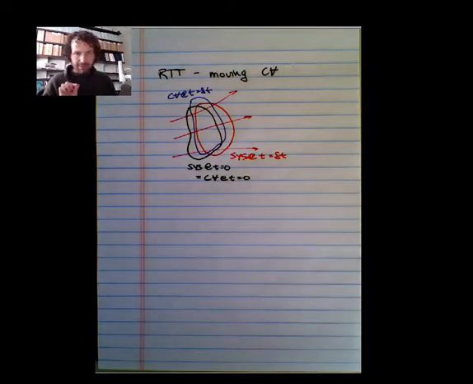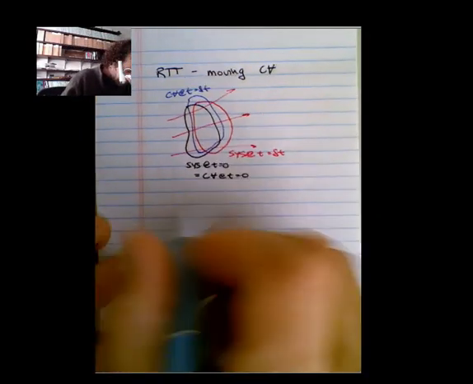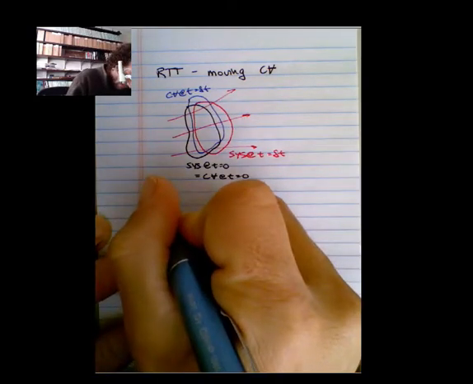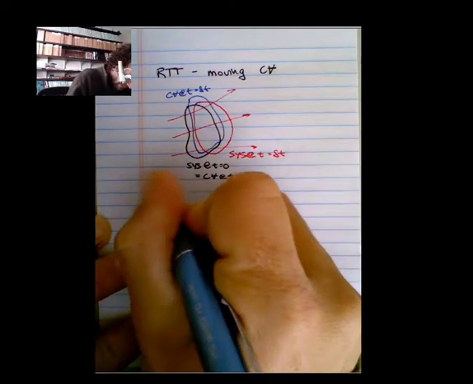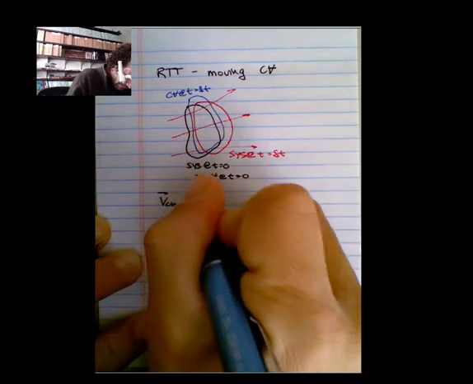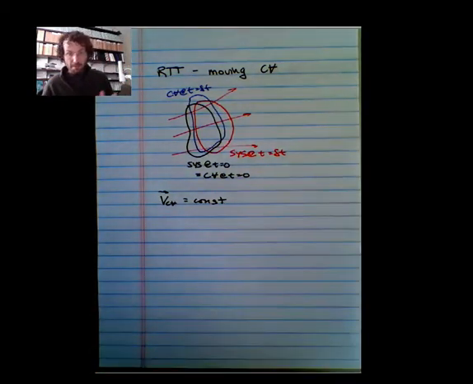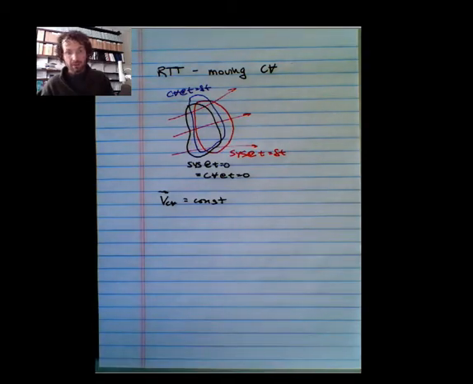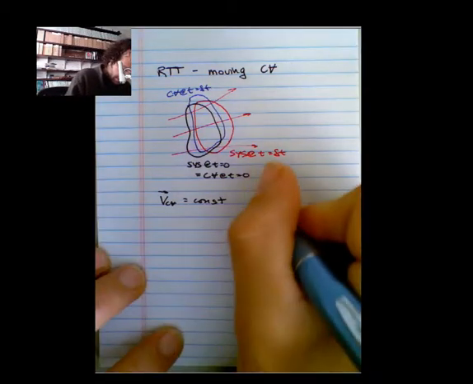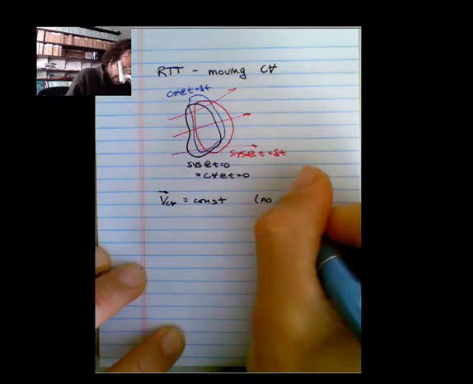Turns out it gets a lot easier if we focus in on one specific case, but it's a specific case of high value. And so what we're going to assume is that the velocity of the control volume is equal to a constant. So the entire control volume may be moving, but let's say it's moving at a constant velocity, which implies that there's no shape change.